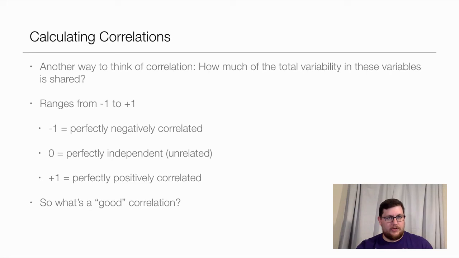What's a good correlation? How do we know that two variables are really related? Because mathematically, we can get any values here, ranging from -1 to +1: 0.01, 0.1, 0.2. Where's our threshold for saying that two variables are in fact related to one another? Depends. It really does depend.